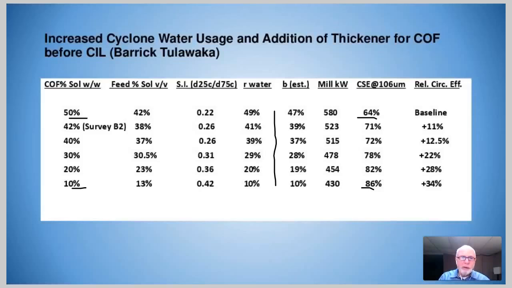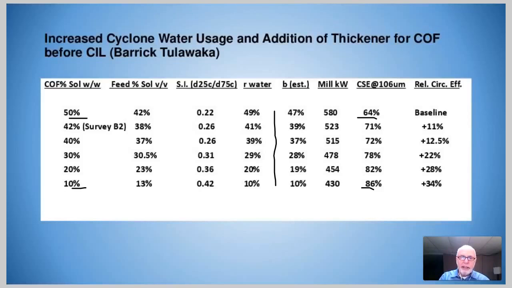So what we're doing when we're increasing CSE is recapturing energy that is being wasted on overgrinding. And this can be extremely important in processes like flotation that are sensitive to overgrinding and loss of extremely fine particles because of overgrinding.